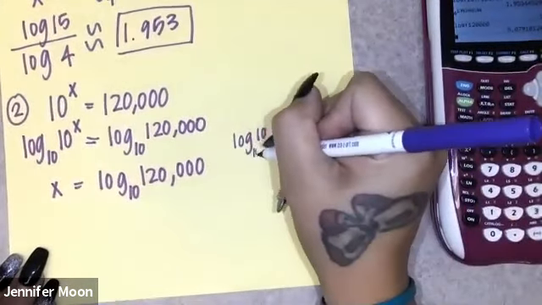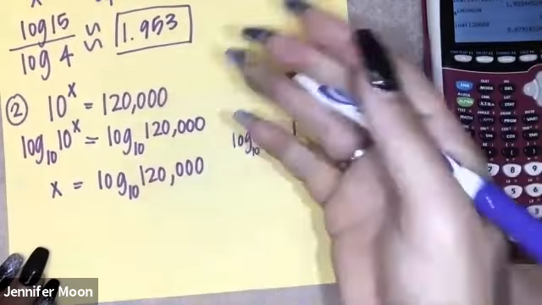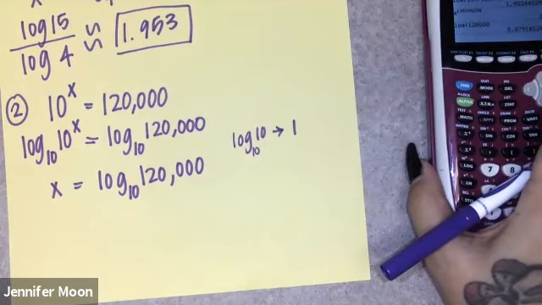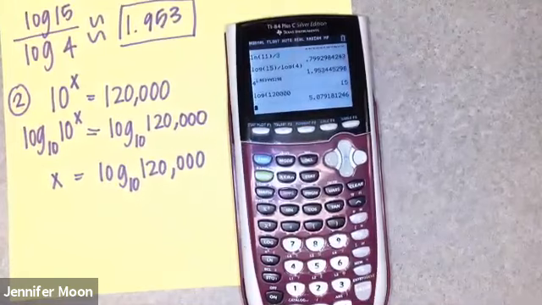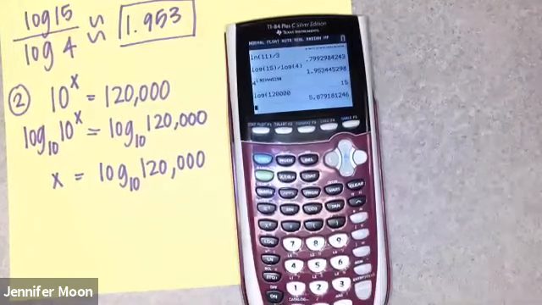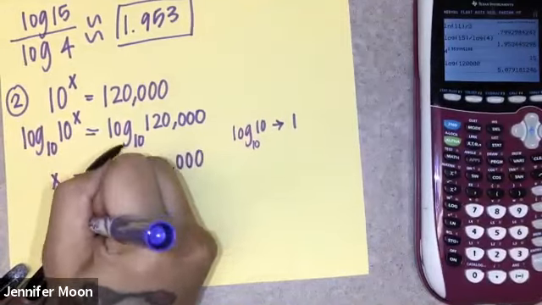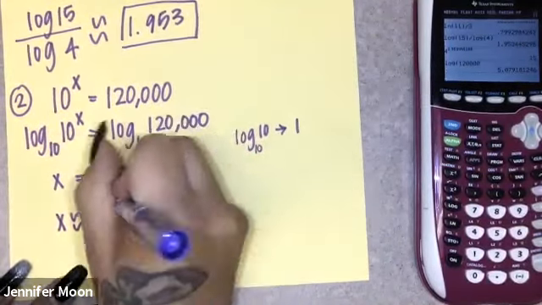Because my base is 10 and 10 raised to the first power is 10. So dividing this by log base 10, you're just dividing it by 1. Like it won't change anything if you keep doing the same steps. But if you just enter this one in, you get 5.0718. We're just going to round it to, it's approximately 5.079.